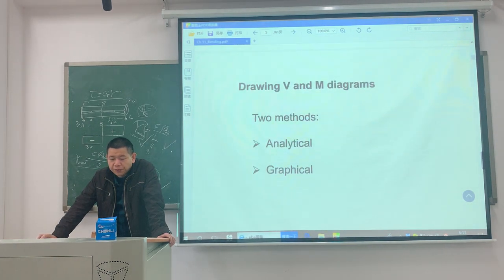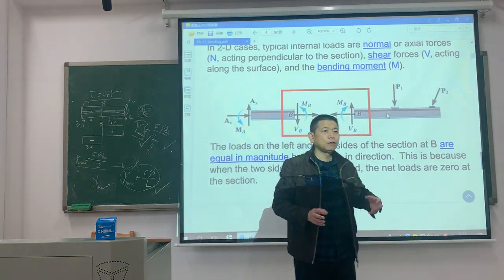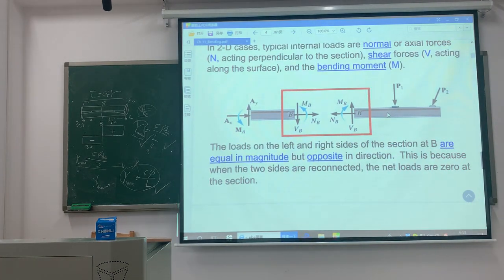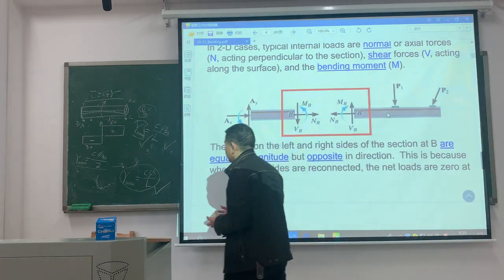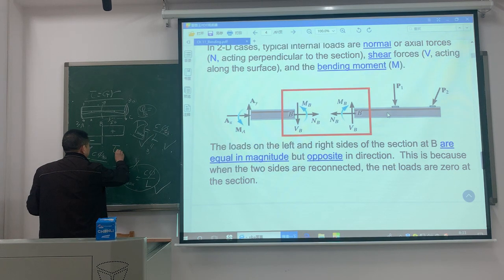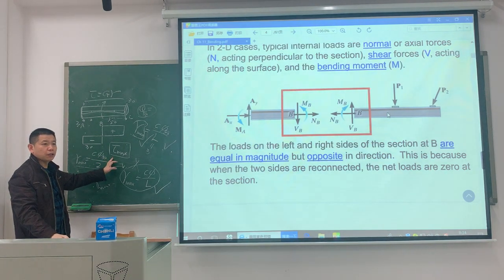Drawing the V and M diagram is important because it is the same as for a shaft. If you want to find the maximum torque, you will not just find the torque at one place.